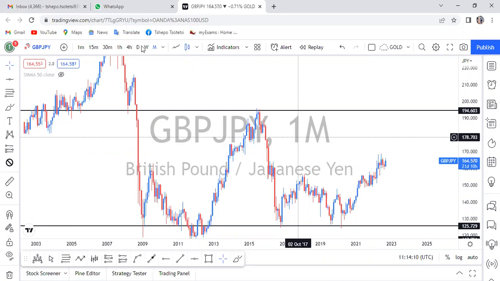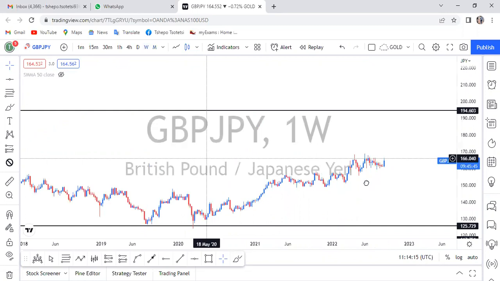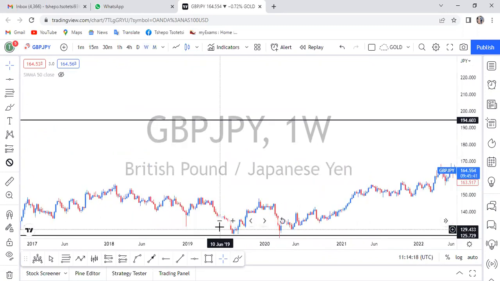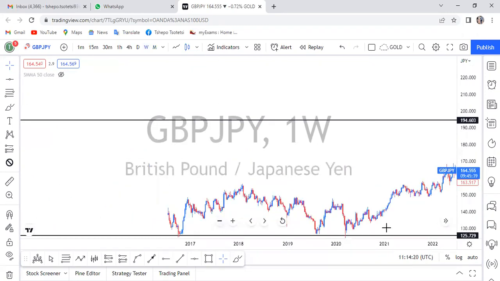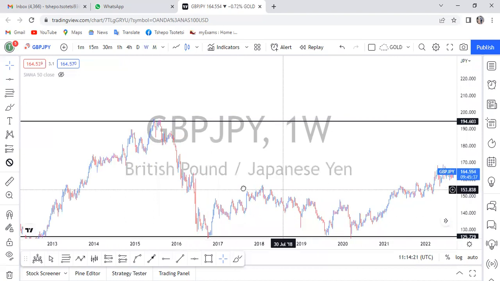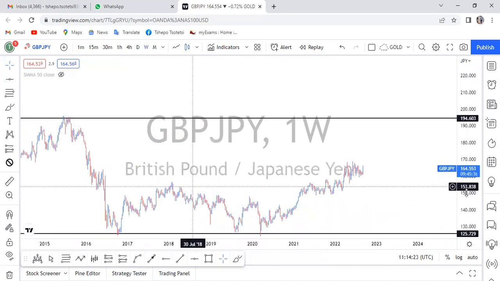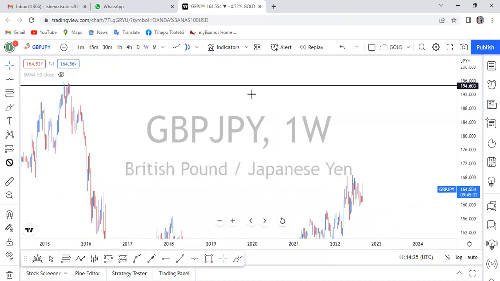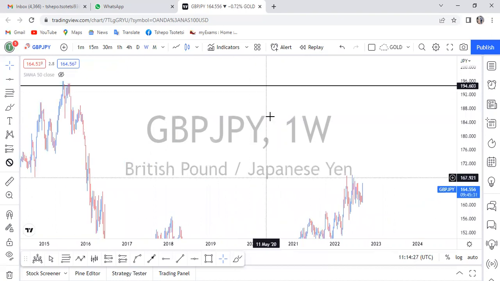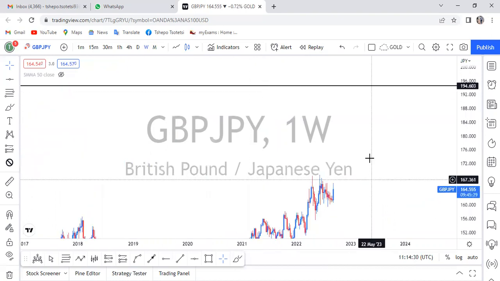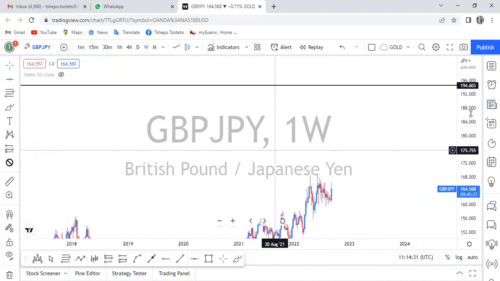So let's go on a weekly time frame. Some other levels you won't be able to spot on a bigger time frame, but when you do your multiple time frame analysis, that's where you will be able to see them. That's where you'll be able to see other levels.